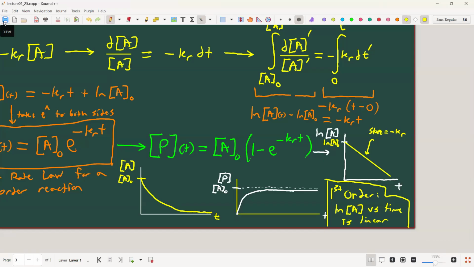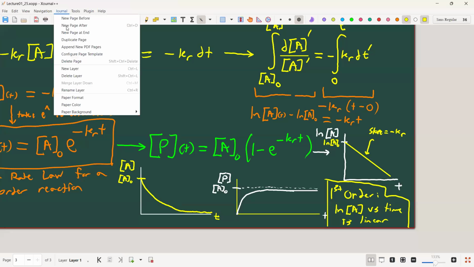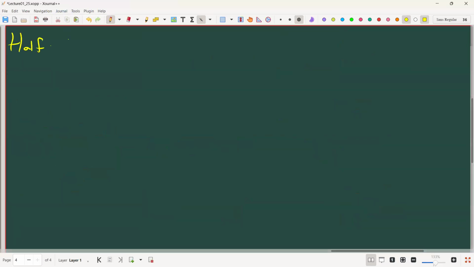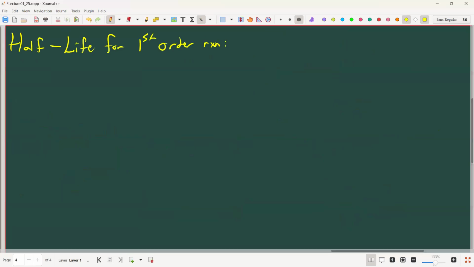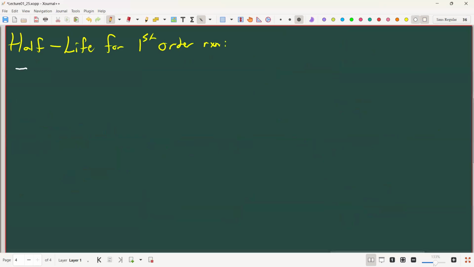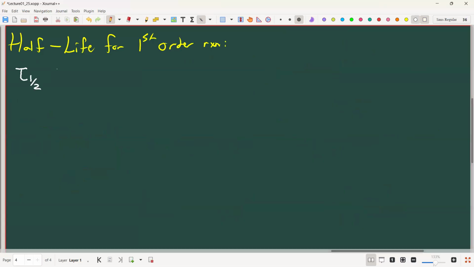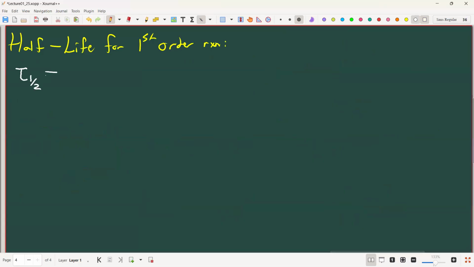Let's go look at the half-life really quickly. So let's calculate the half-life for a first order reaction. We often define the half-life, depending on who you ask, as tau 1/2.